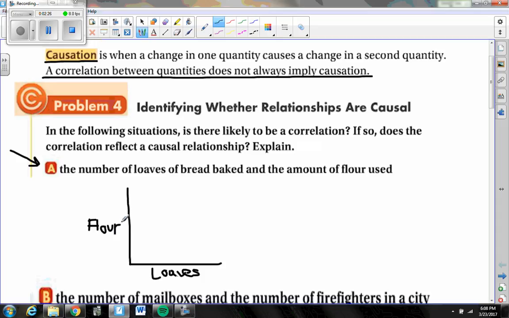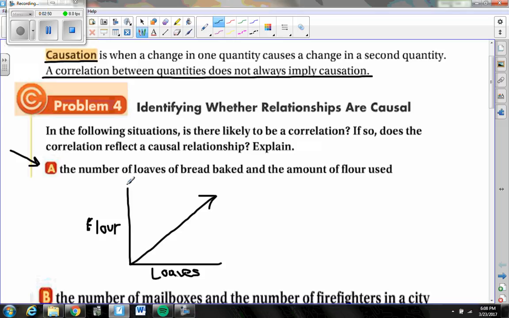Certainly there is going to be a correlation here, right? Because the more bread I make, the more flour I'm going to have to use. It's probably a positive correlation, because as the number of loaves increases, the amount of flour I need also increases. More loaves means more flour.